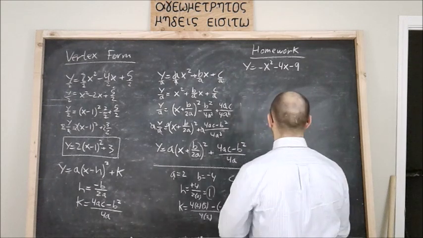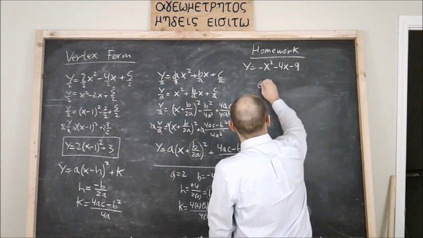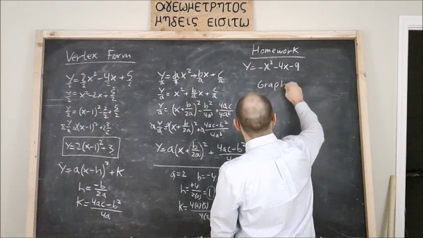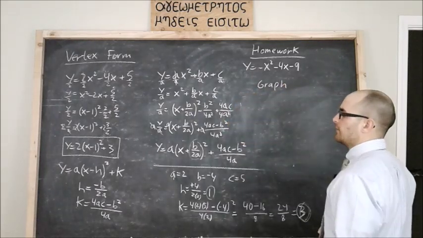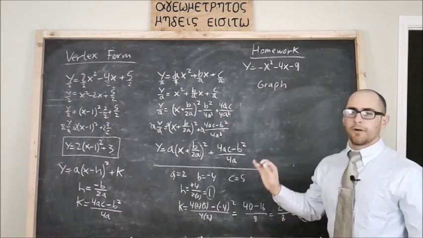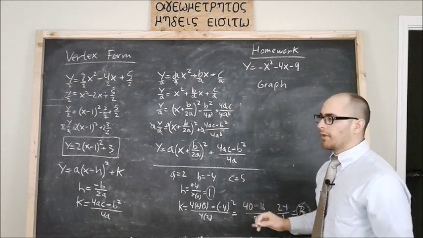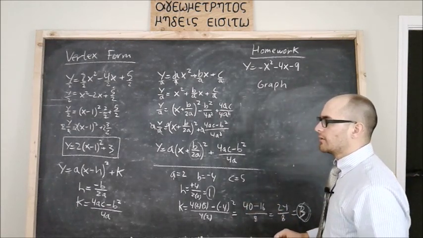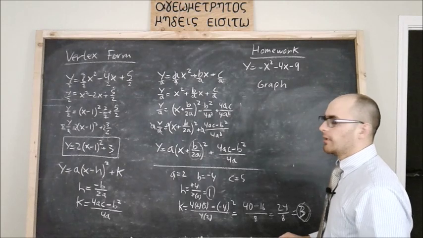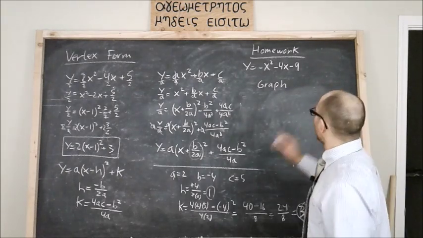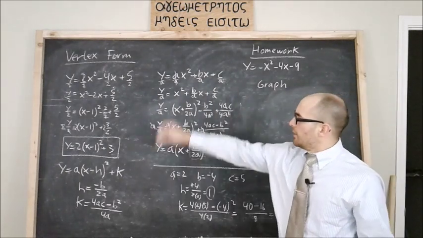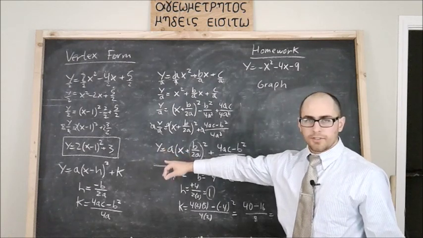I want you to graph it. Now you can use the table method, or you can transform it into vertex form and do it that way, which I guess also involves the table method. So I want you to do that. I want you to transform it into vertex form.